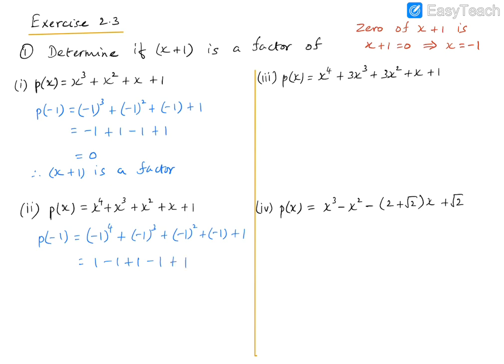So we have 0 0. Now we get it as 1 here, so that is not equal to 0. So therefore in this case x plus 1 is not a factor.